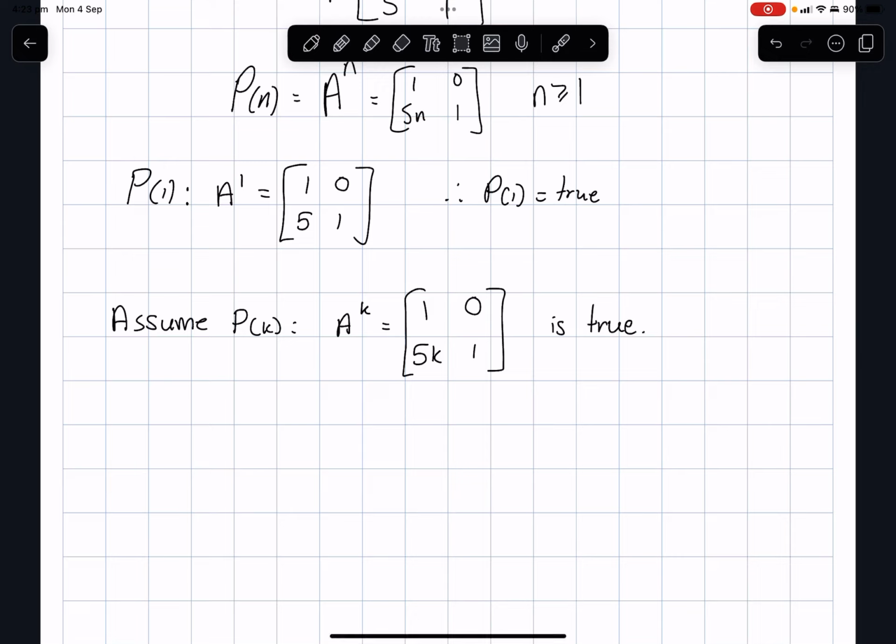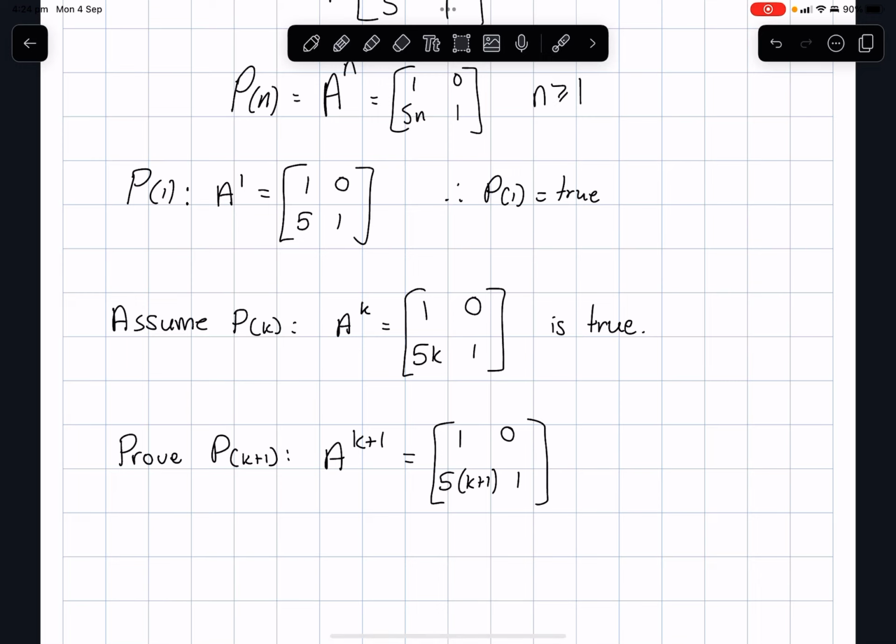Now, we want to prove that P of k plus 1 is true. So let's have a look at k plus 1. So A to the power of k plus 1 is equal to [1, 0; 5(k plus 1), 1].